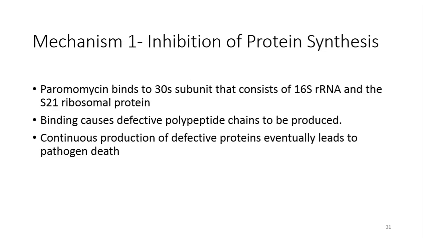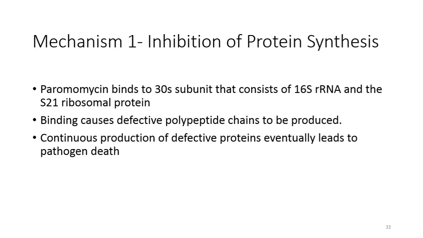So this binding of our antibiotic might cause defective polypeptide chains to be produced, and it involves something called codon misreading, due to which some inappropriate amino acids are attached to the growing polypeptide chain.